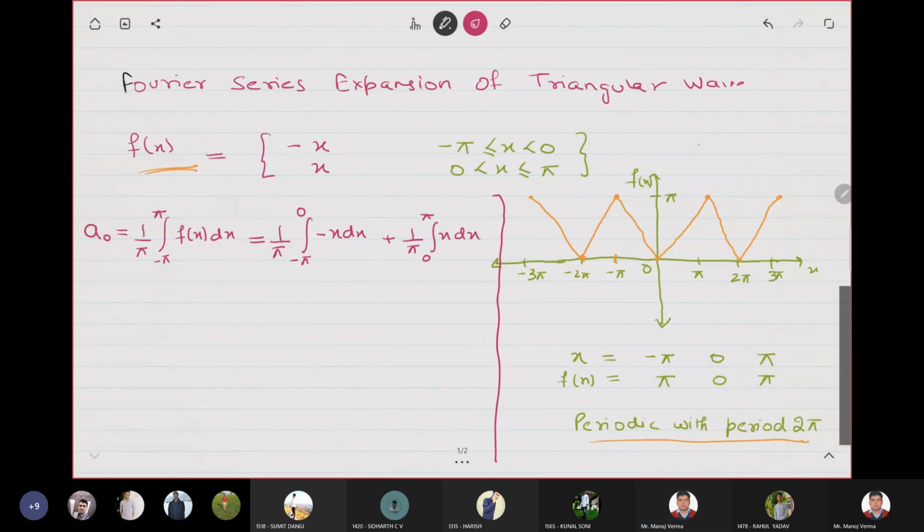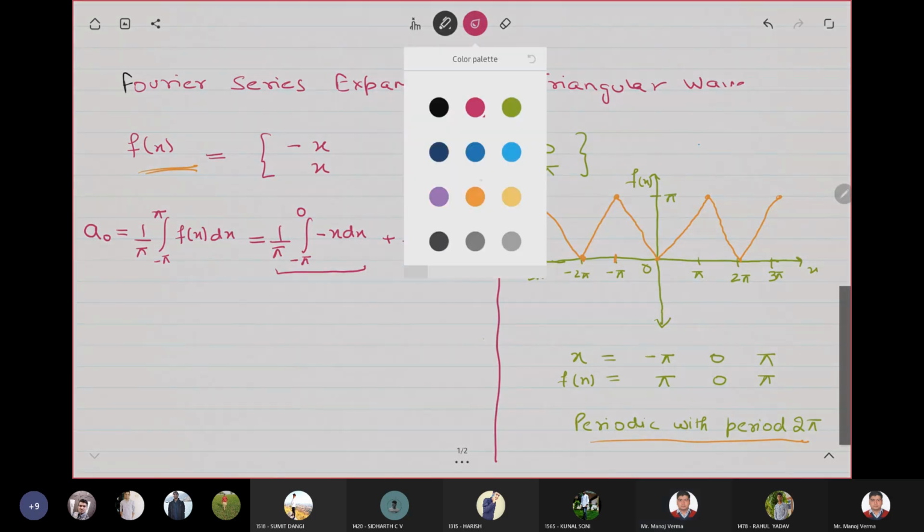Now see, there are two methods of solving this integral. First, I can simply solve this: I can take the negative outside the first integral, integrate x squared by 2, and insert the limits. But I will be using a different method.